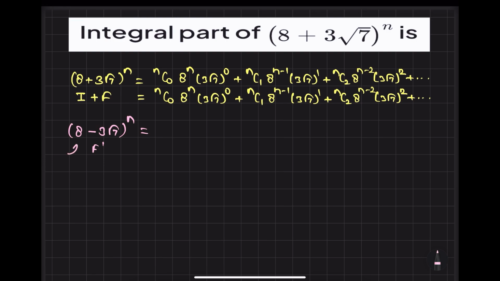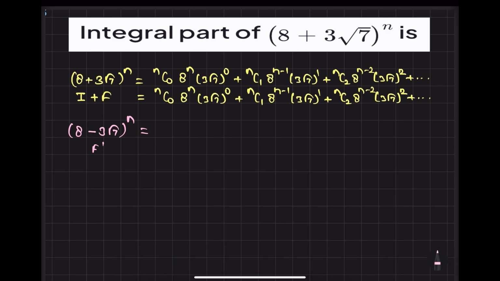Because 8 square is 64 and 3 root 7 square is 63, so the next number is 100% smaller than the first number. And after doing the square, the gap is 1, so before the square, the gap will be smaller than 1. This means this component will only have a fractional part. Correct?